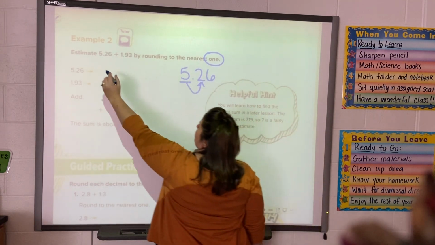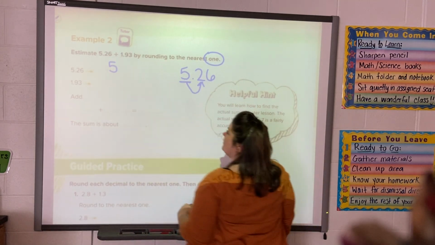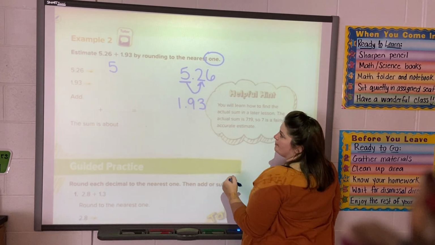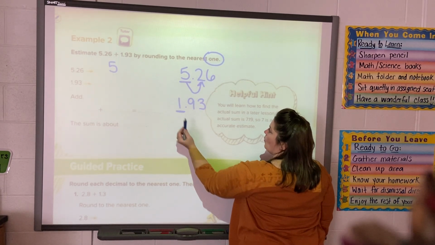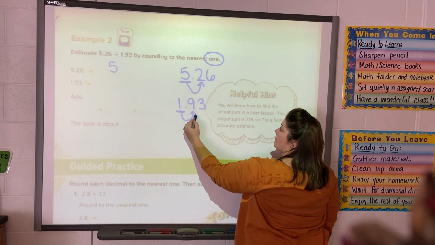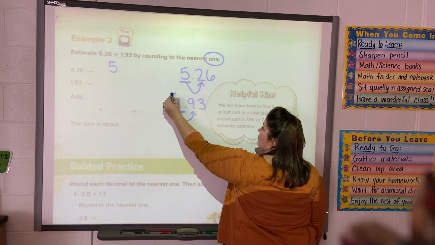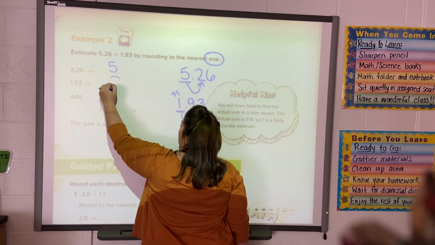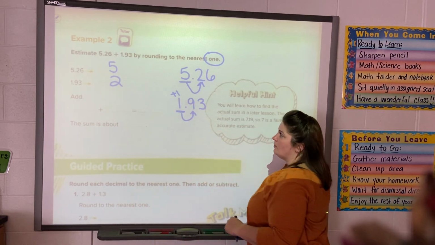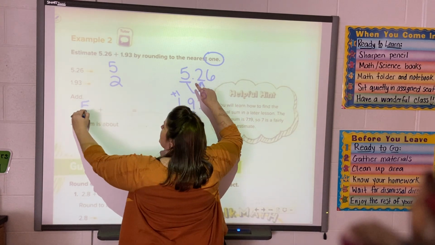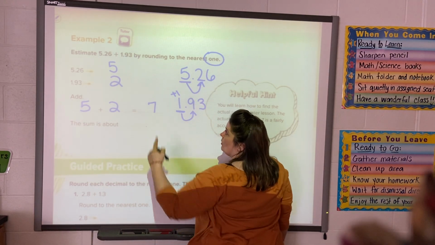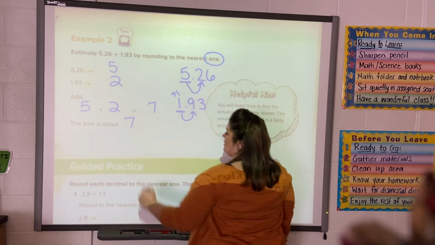So I keep this at a 5. 1 and 93 hundredths. My ones place. 5 and above, give it a shove. So I increase my ones to make it a 2. Take your two rounded numbers, 5 plus 2 equals 7. So that sum is about 7.